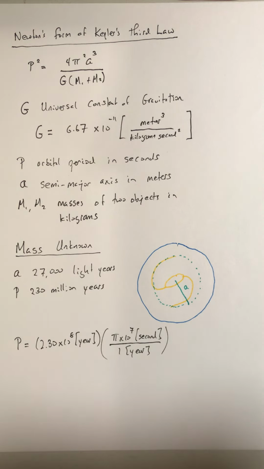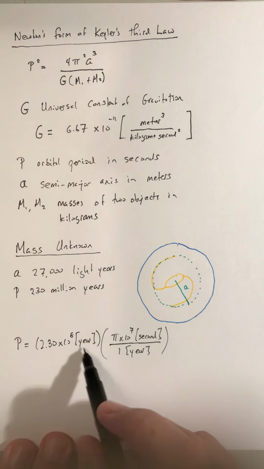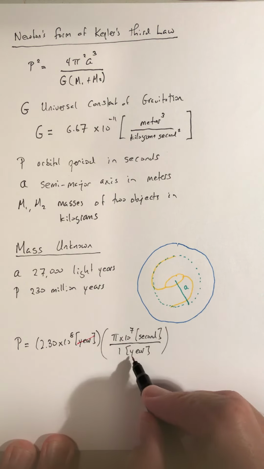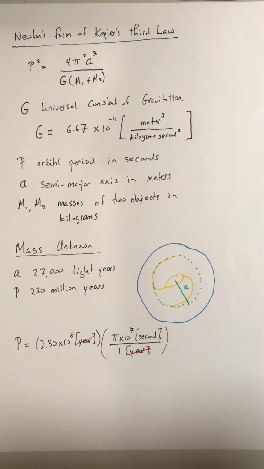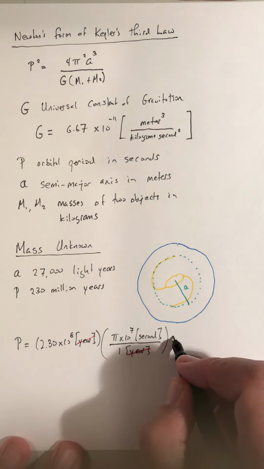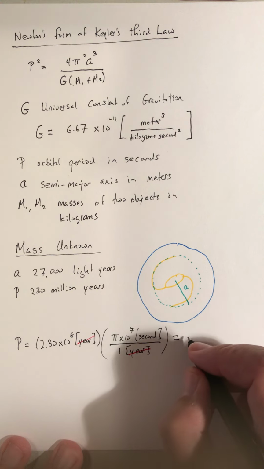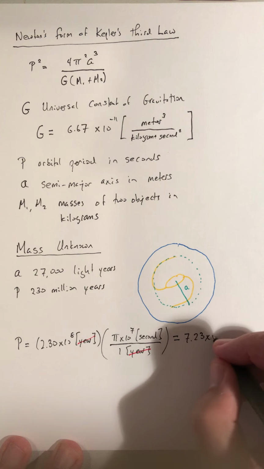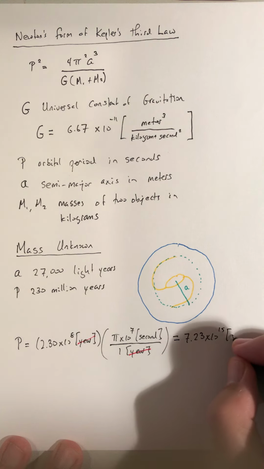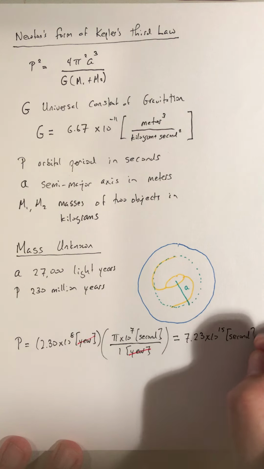And I can tell that that's going to be a time in seconds because the year is canceling out in both the numerator and denominator. And that gives me 7.23 times 10 to the 15 seconds.